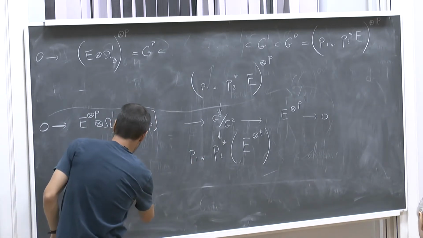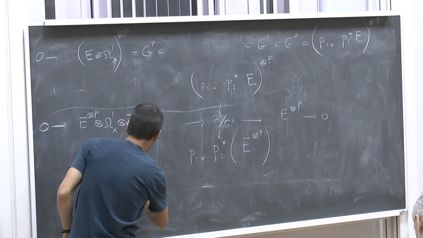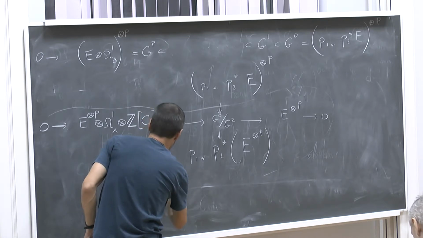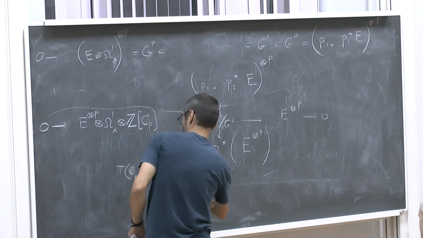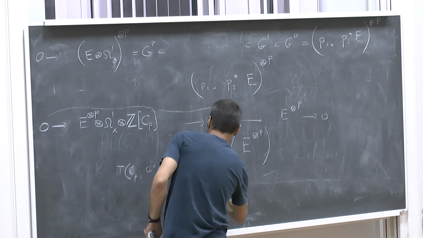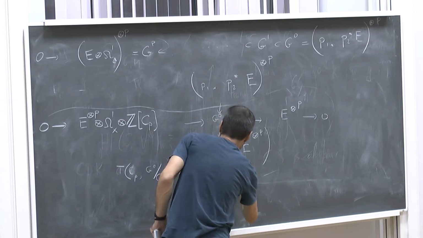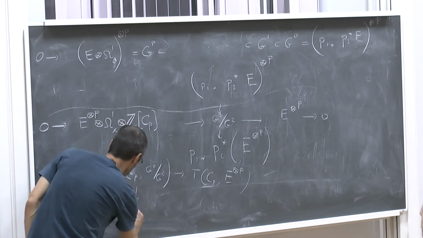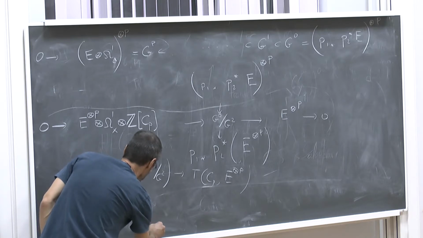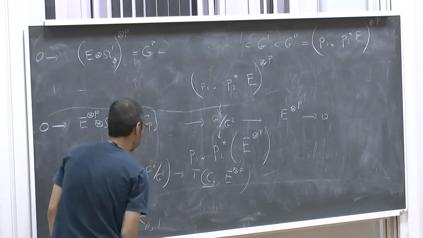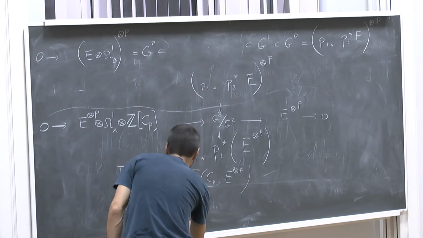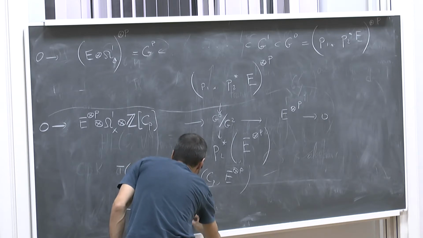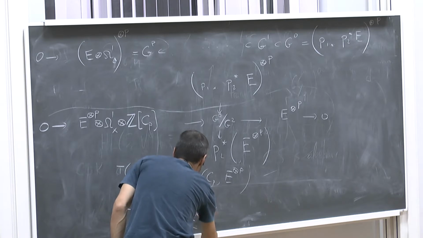Then I get a map from the Tate construction of G0 modulo G2 to this tensor power V. And from here, I get a map to E1 star V, E2 upper star V. Okay.